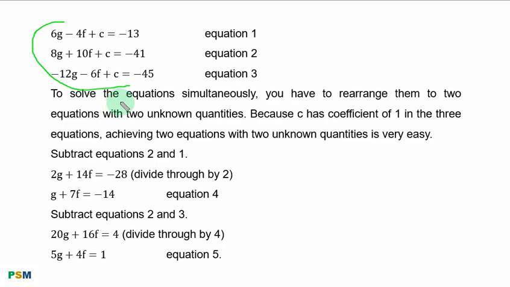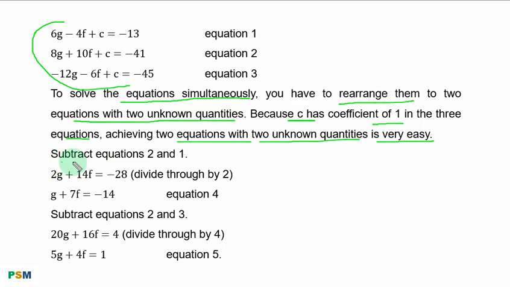To solve the equations simultaneously, you have to rearrange them to two equations with two unknown quantities or variables. Because c has coefficient of 1 in the three equations, achieving two equations with two unknown quantities is very easy. Let's take the approach.